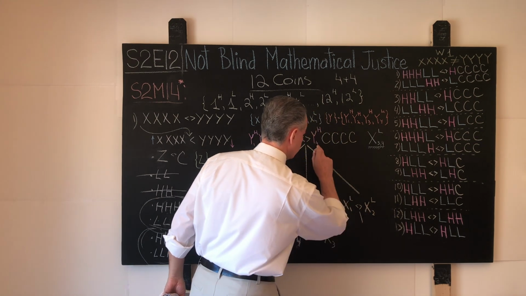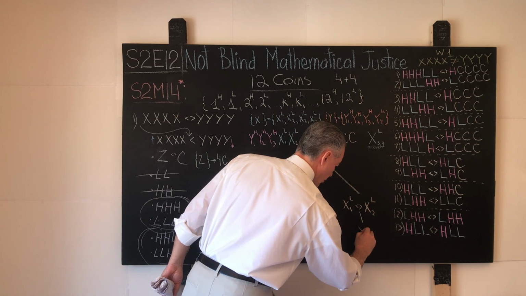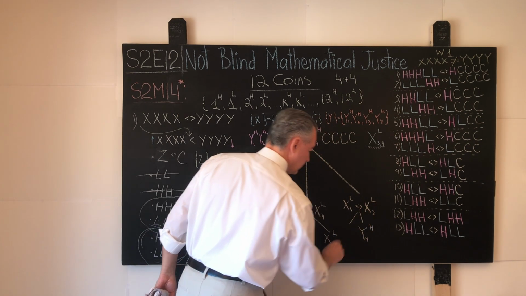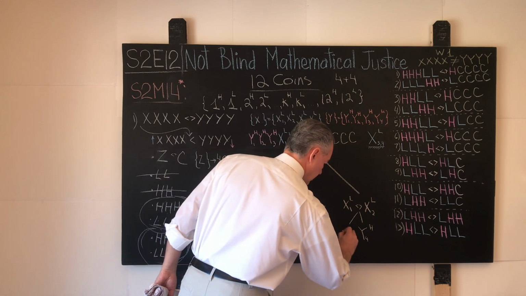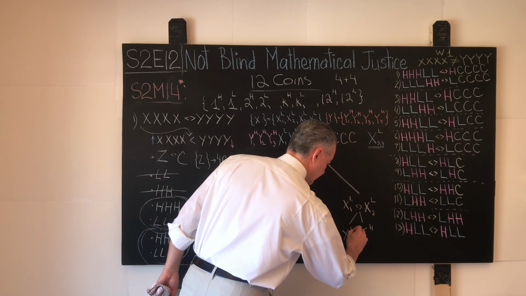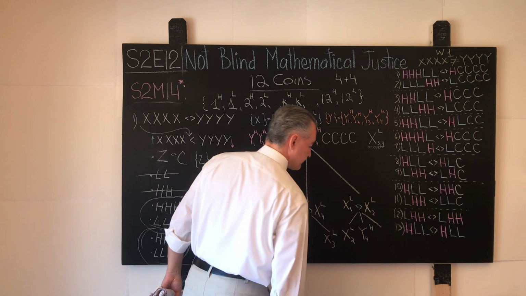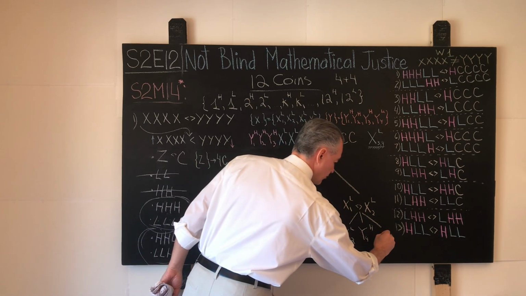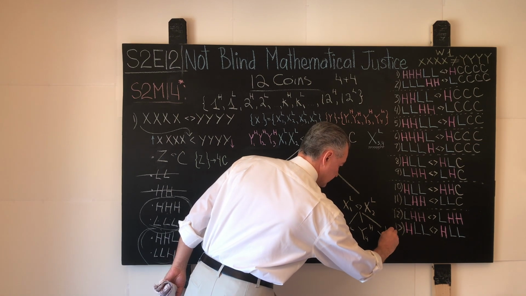If the pans balance, then the fake coin is called Y4 and it is heavy. If the left pen goes down, then the coin named X2 is fake and light. And if the right pen goes down, then the left pen goes up, and the fake coin is named X1 and it is light.